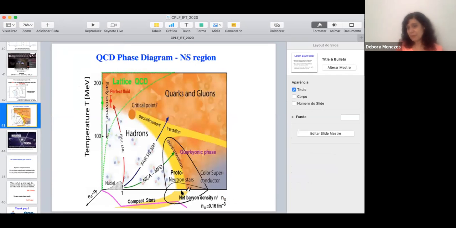So they can be either hadronic stars, or they can be quark stars composed of deconfined quarks, or they can be hybrid stars. If they are quark stars, then the shape of this mass-radius diagram is different. This is because the star is not maintained by the gravitational force, but by the nuclear force itself. But this is another talk for another day.